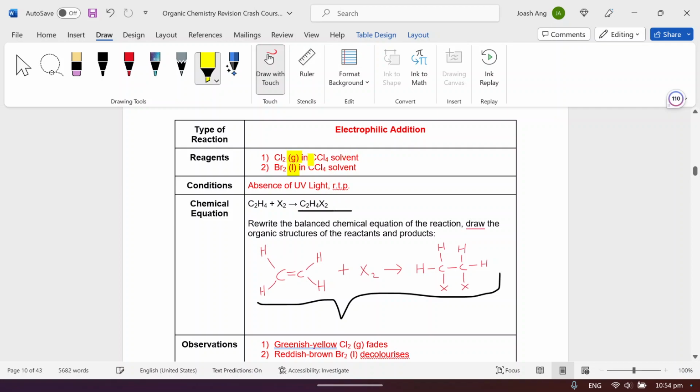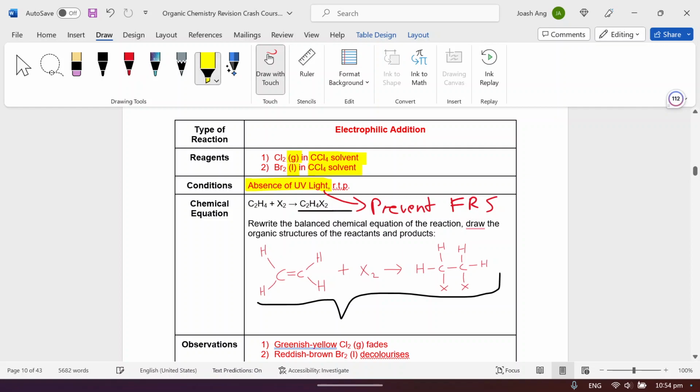Alright. And you have to use tetrachloromethane solvent so that you won't have any side products being formed. If you have water in your solvent, then alcohols may form as a side product. And the absence of UV light is to prevent free radical substitution, because alkenes also contain C-H bonds, which can undergo free radical substitution with halogens.